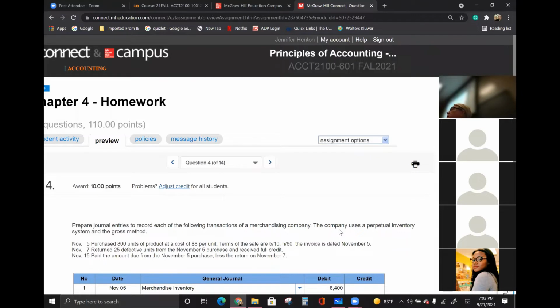It's an asset, so I have to debit inventory for that amount of money. Purchasing 800 units times 8, 6,400. So I'm debiting inventory for $6,400. Now it tells me that I have terms, so I didn't spend cash. Right now I'm setting up a liability account. I'm liable to pay in the future. So that's my account what?